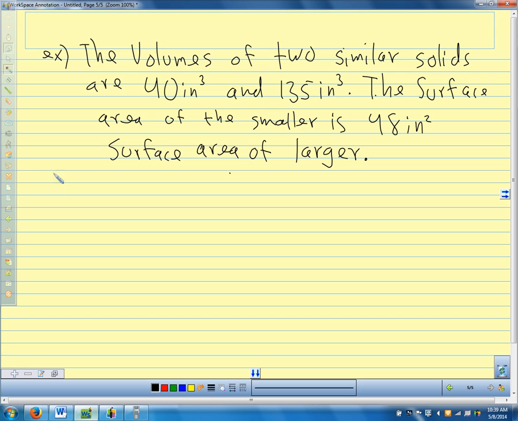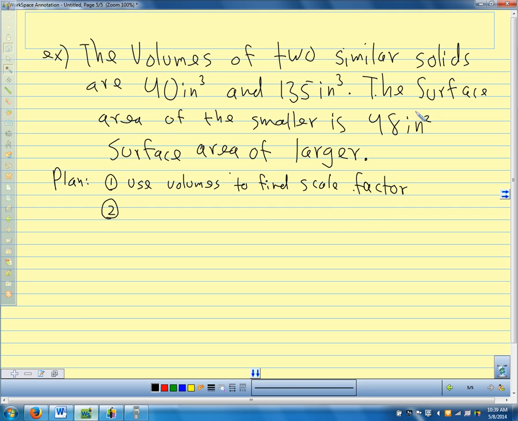So our plan: we're going to use the volume to find the scale factor.